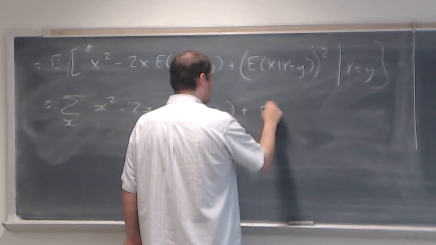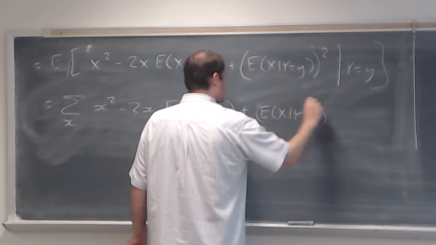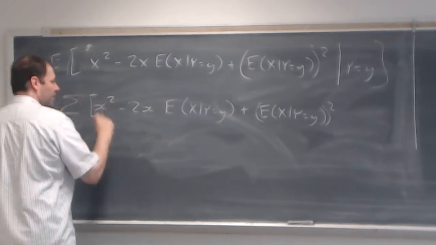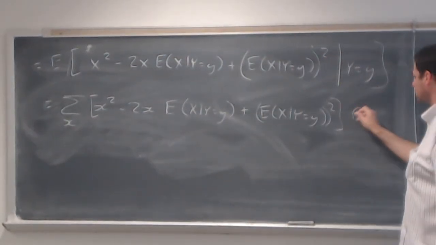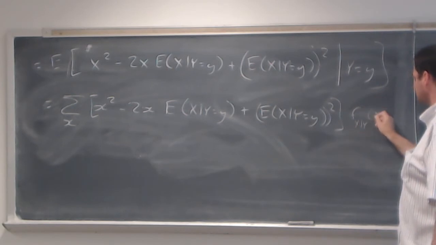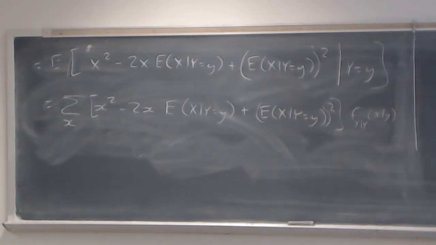Plus, here, we leave this as is, squared, that times the conditional PMF of x given y.